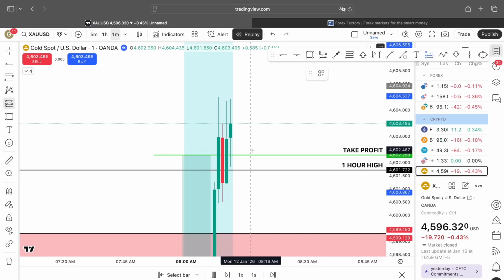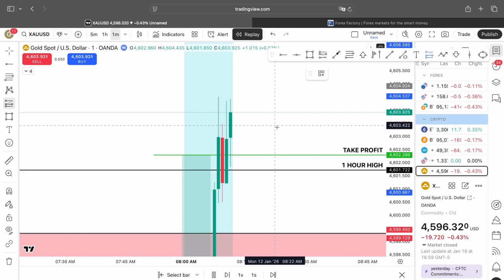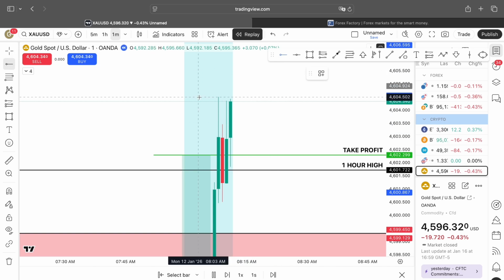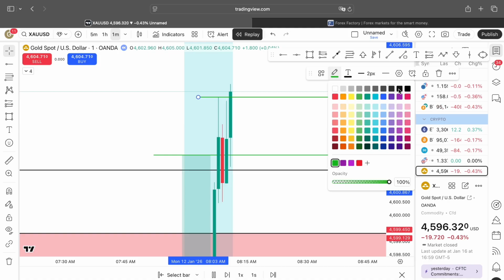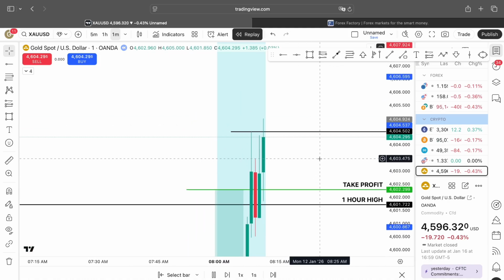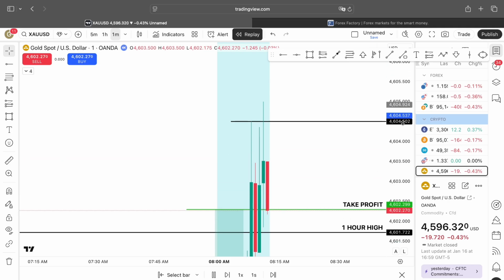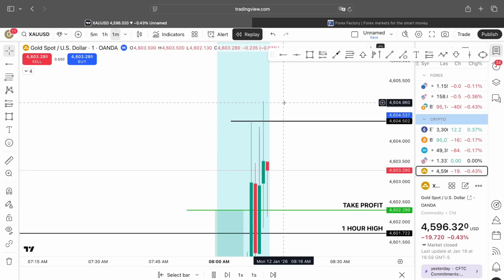Now we have two things going on right here, right? If this candle closes bullish, we can enter at this candle, or if we want to play it safe, we could do something like this. We could wait for price to break above this and then come back and retest this line. If we want to play it safe. You get what I'm saying? This is all-time high. Price is going up.